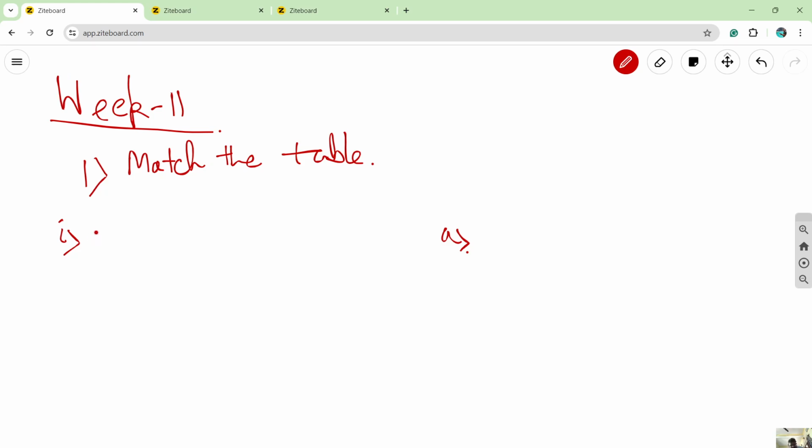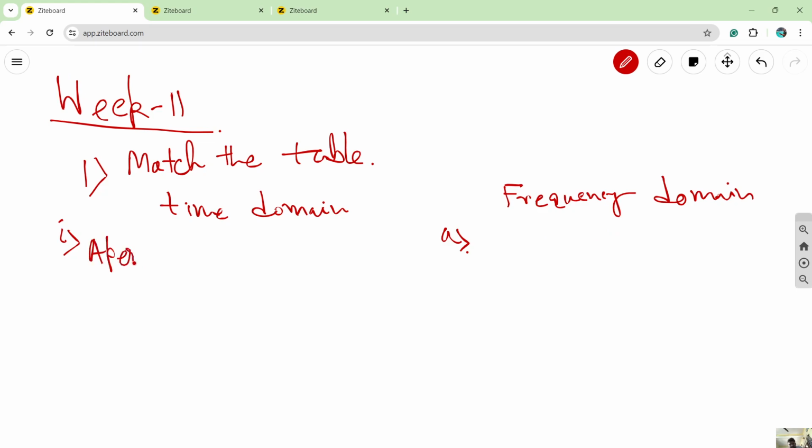So the first one is in the time domain, and this is in the frequency domain. This is aperiodic and continuous.